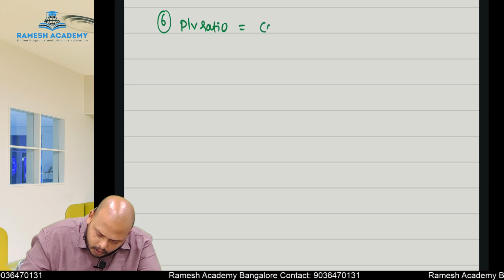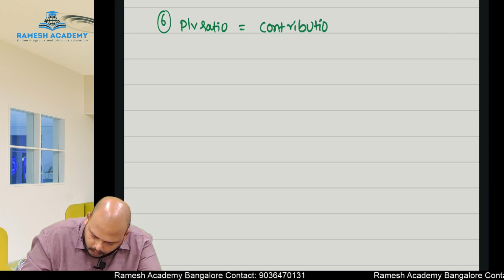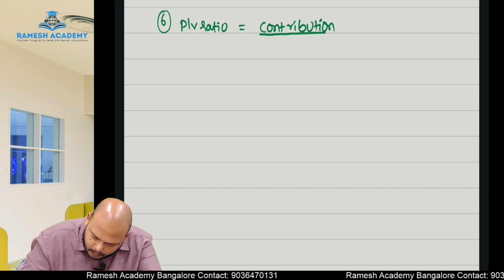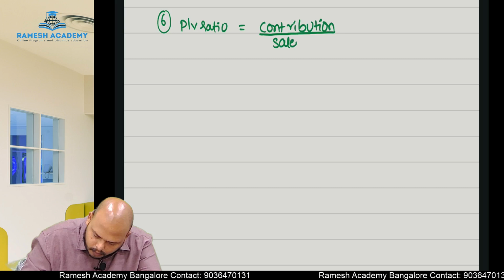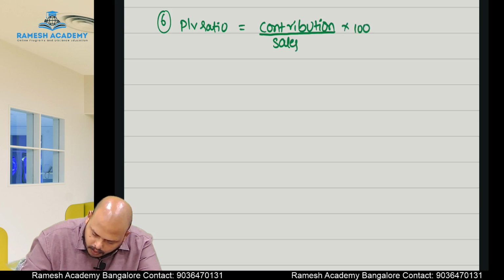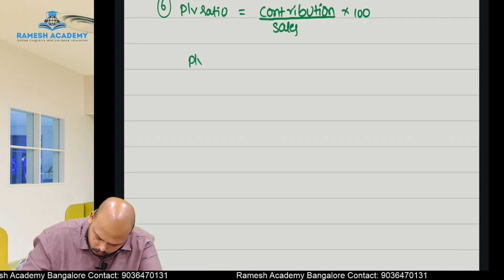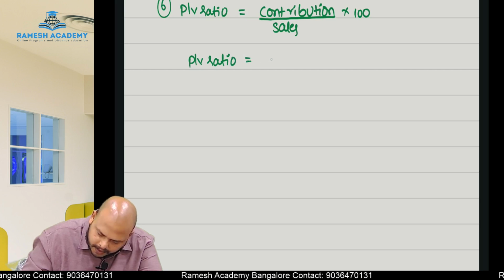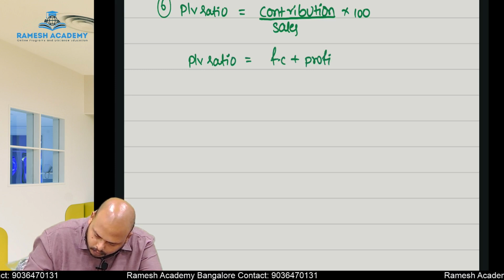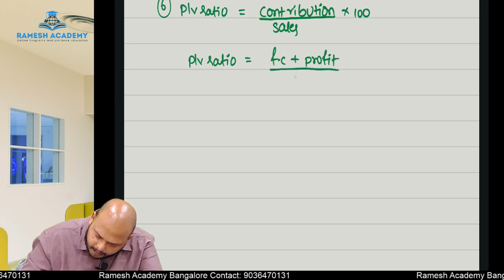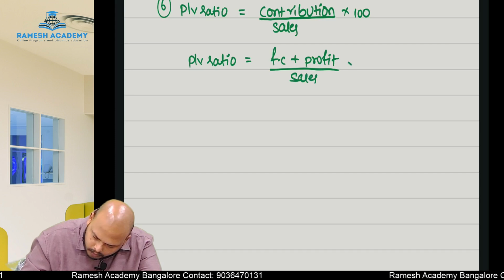We know PV ratio is equal to contribution divided by sales into 100, correct? Contribution means, can I write like this? Fixed cost plus profit divided by sales into 100.